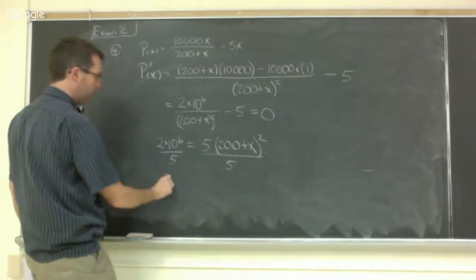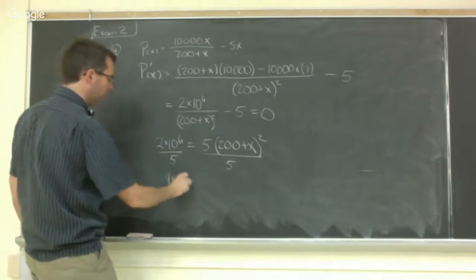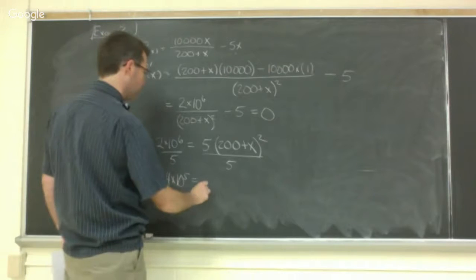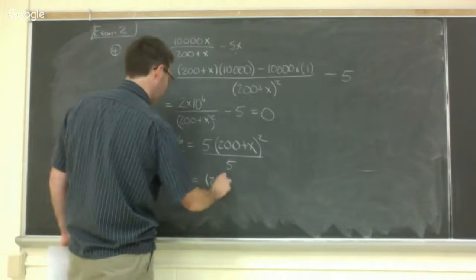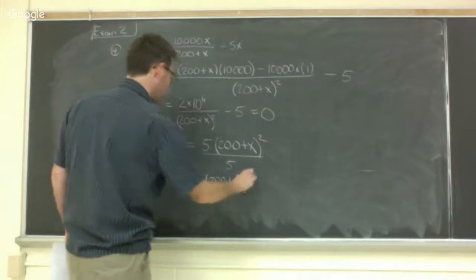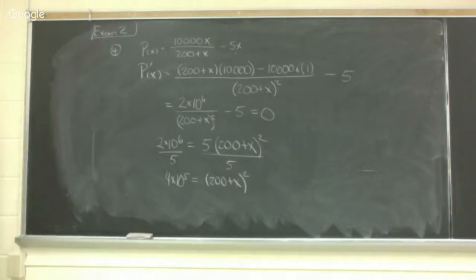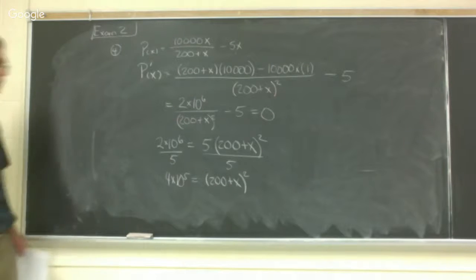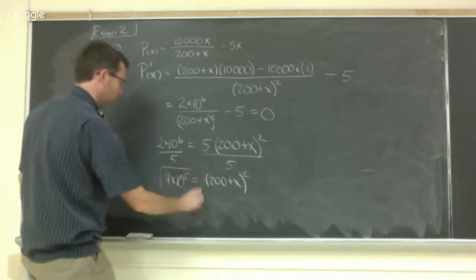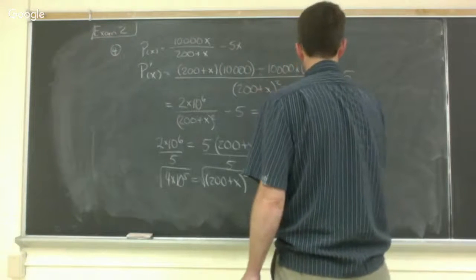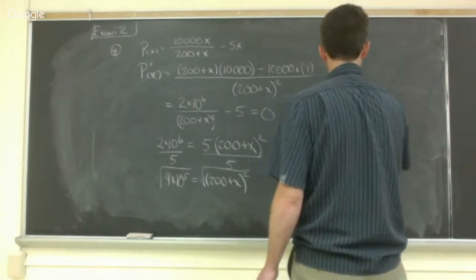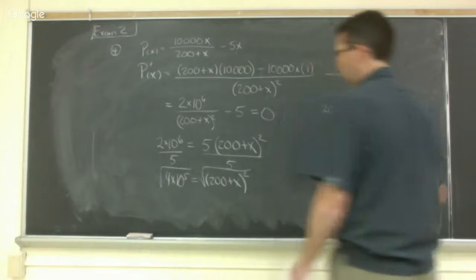Now I get 4 times 10 to the 5th, 400,000, is equal to 200 plus x squared. Take the square root of both sides. And so I get 200 plus x equals plus or minus whatever that is.